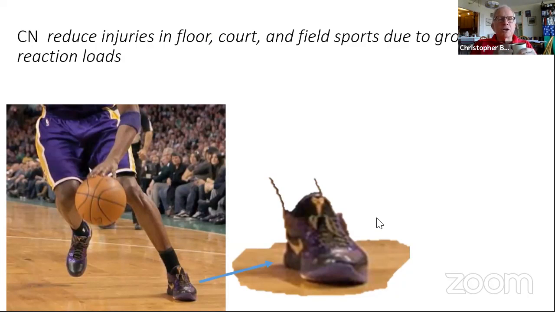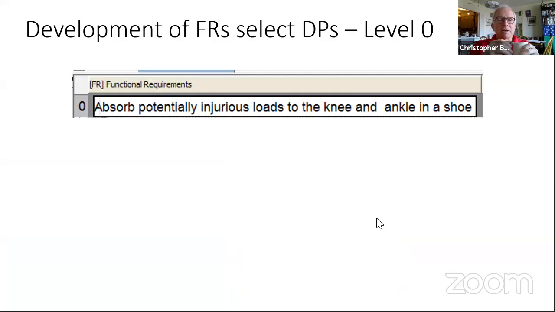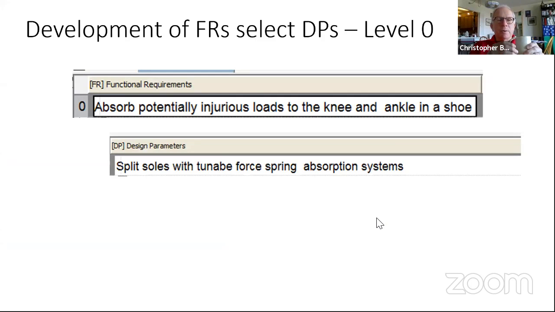And these are largely from ground reaction forces that are going through the shoe. So let's see if we can figure out how to design something. We would like to absorb potentially injurious loads to the ankle and knee. And where else are we going to do it? We're not going to modify the fields or the courts. So we've got to figure out how to do it in a shoe.